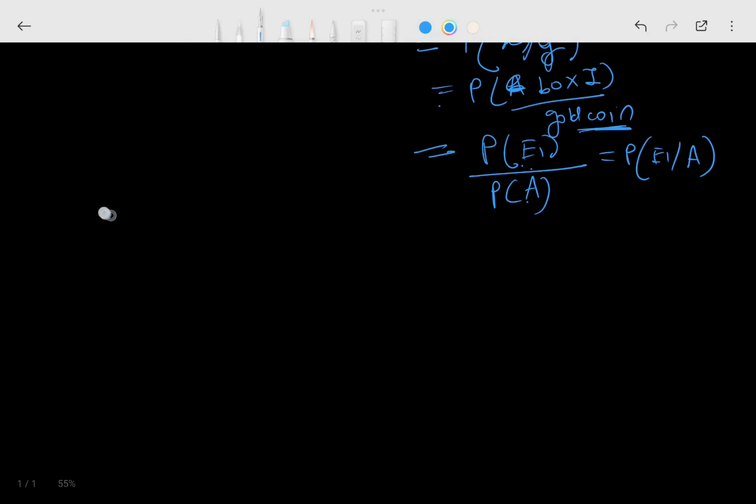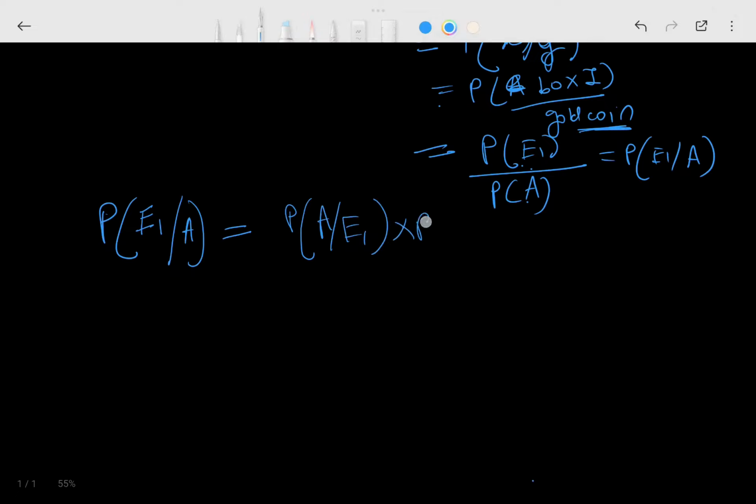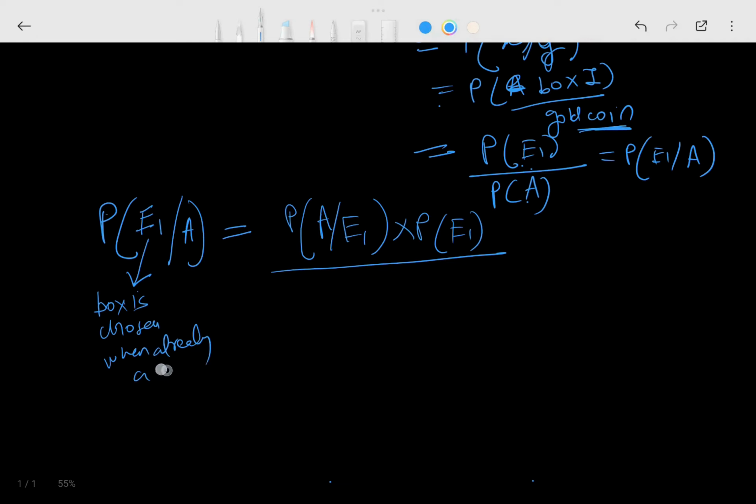Now you are being asked what is the probability that the box is the first box when the gold coin is chosen? It is nothing but P(A|E1) into P(E1), divided by the total possibilities. What does this formula mean? What is the probability that the first box is chosen when a gold coin has already been picked from it? So nothing but what is the probability that the second coin also comes from the first bag when one coin has already been picked from the first bag.